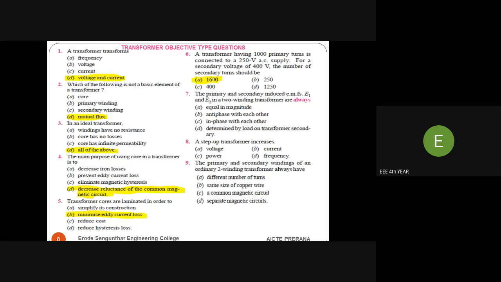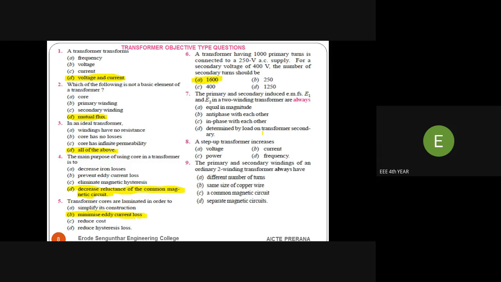Question number 7. The primary and secondary induced EMF E1 and E2 in a two-winding transformer are always: option A, equal in magnitude; anti-phase with each other; in phase with each other; or determined by load on the transformer secondary.